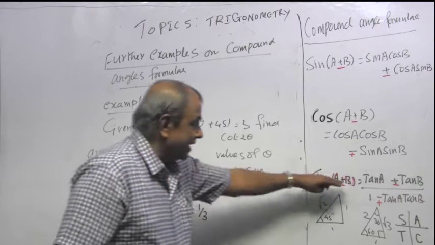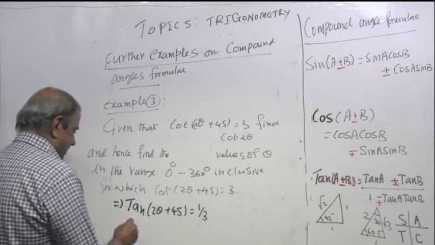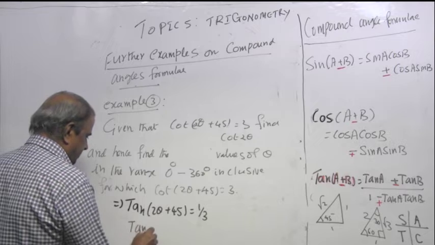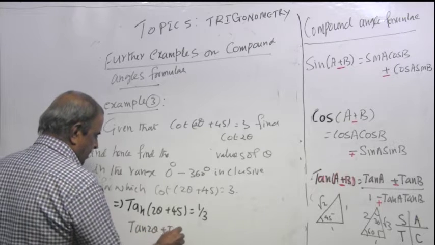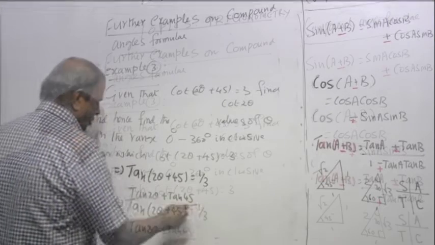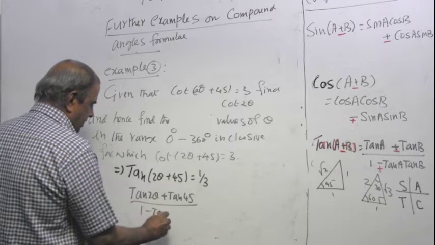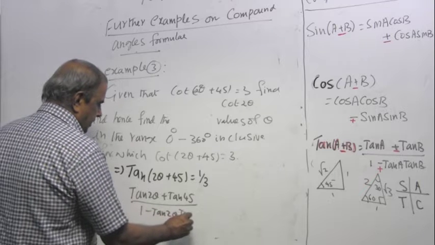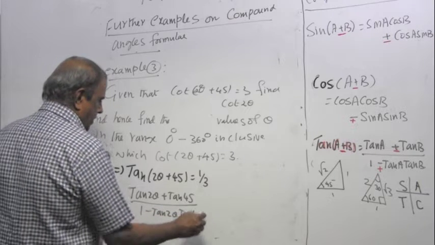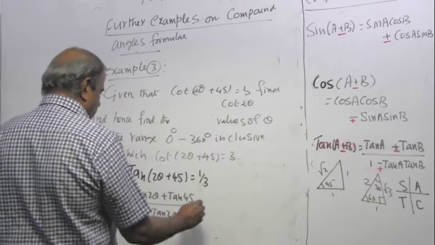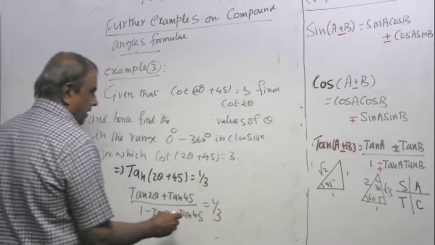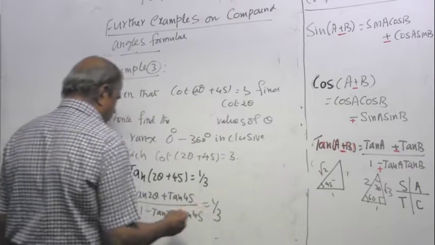Now we are on familiar ground. So tan 2 theta plus tan 45 over 1 minus tan 2 theta tan 45 is equal to 1 over 3. Remember, tan 45 is 1.